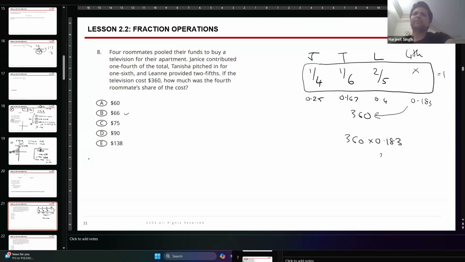Now we know this will be roughly 20%. So the answer should be around 72, but slightly less than 72. So I'll choose 66. When you're short on time, this is how we approximate. We don't need to go to the calculator.